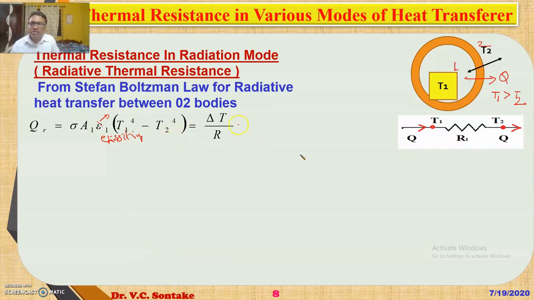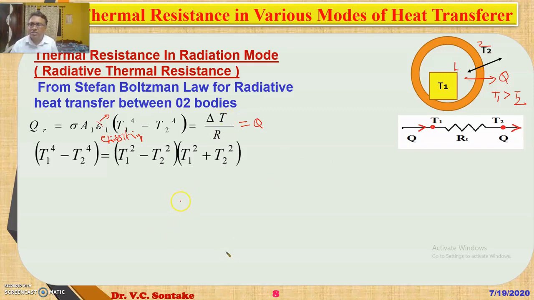Let us compare this expression with the standard equation Q is equal to delta T over R. Let us first try to simplify this. In order to simplify, we have to simplify this term first, T1 power 4 minus T2 power 4. Also, this equation is not in the standard form, that is, temperature difference over thermal resistance.